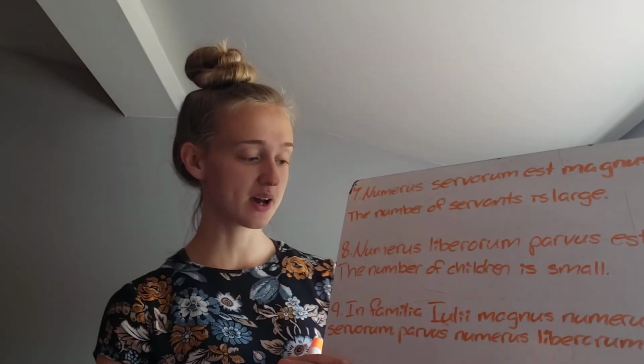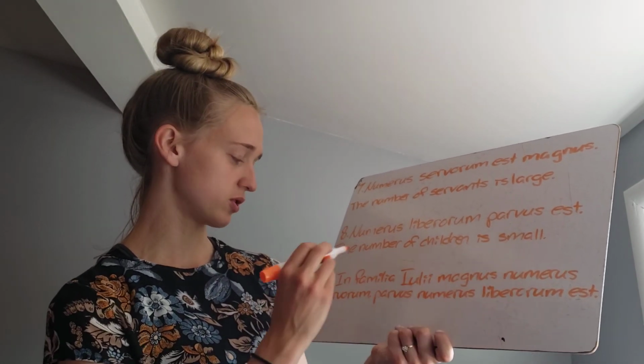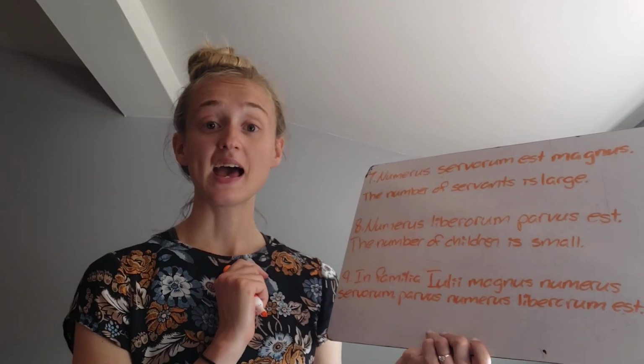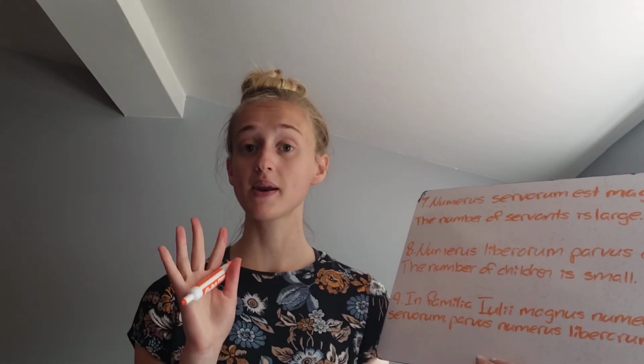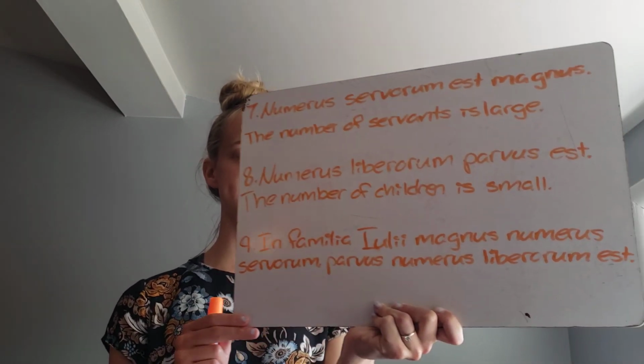And then the last one, we have in familia Julii magnus numerus servorum parvus numerus liberorum est. And this might seem hard because it's long, but it's just the same as the last two sentences put together. So what is it saying?